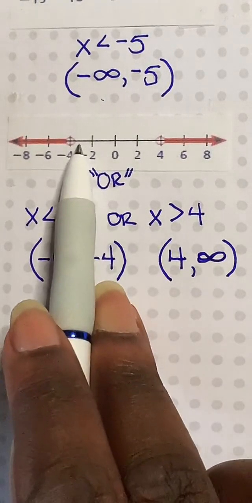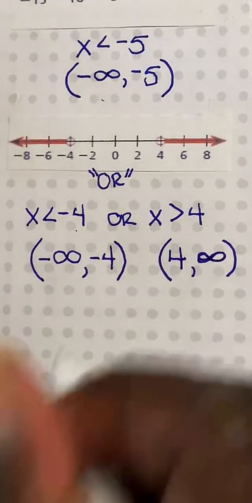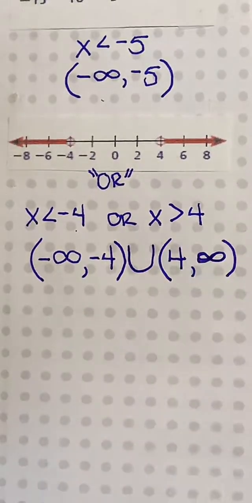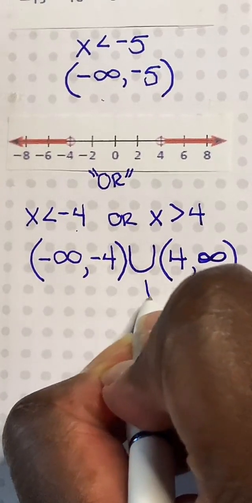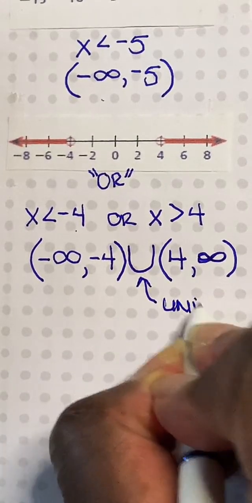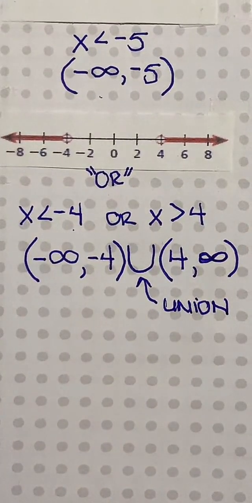But anytime we have a gap and we have to do interval notation, we are making it into a union. We're putting that U. So we're kind of joining it.